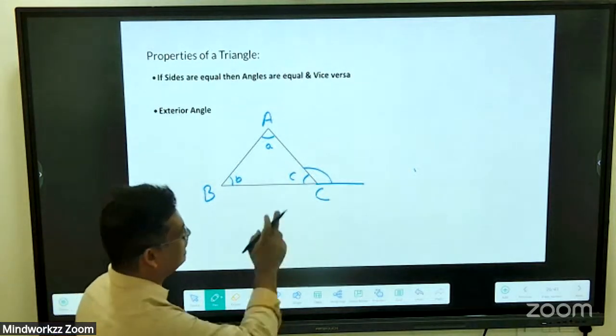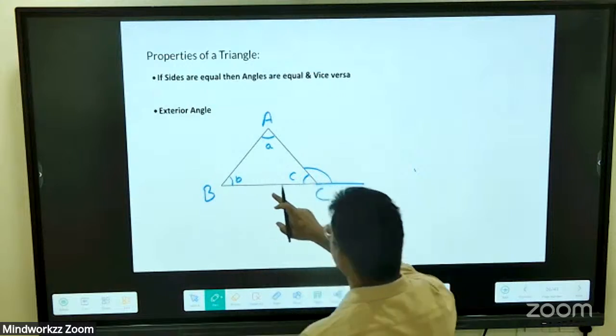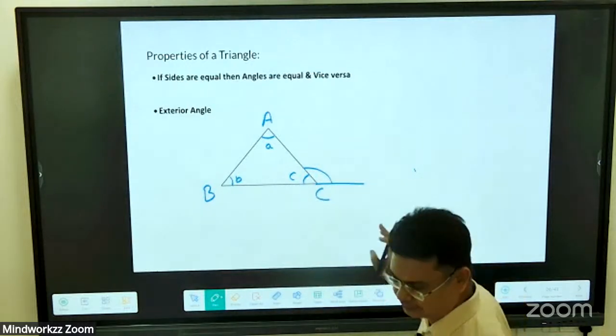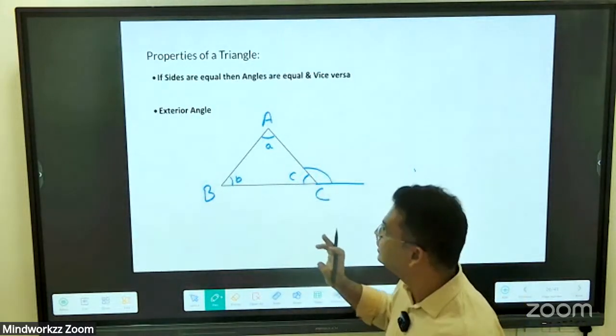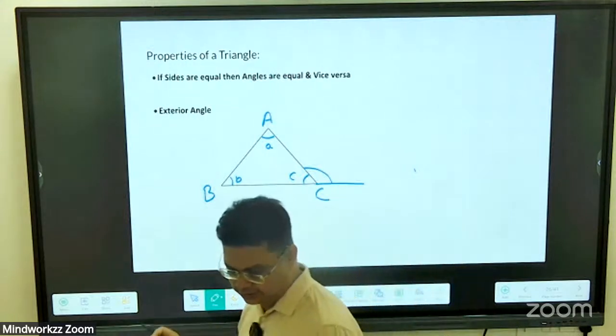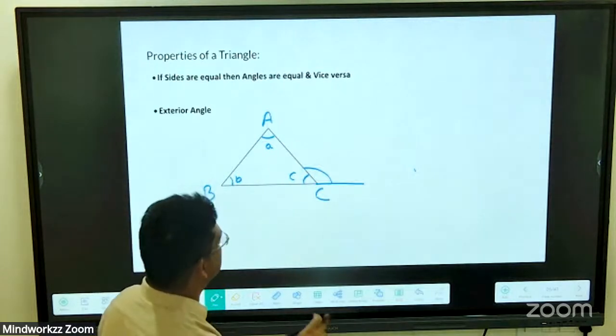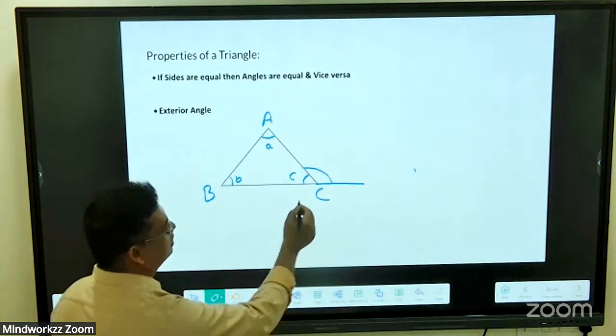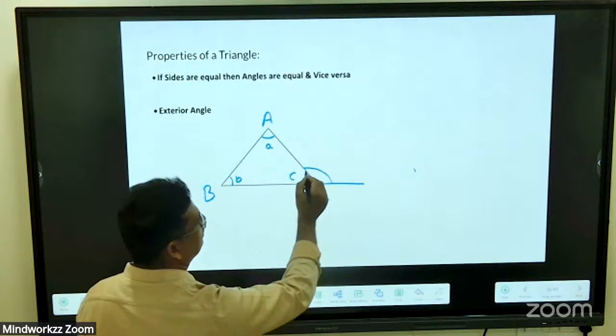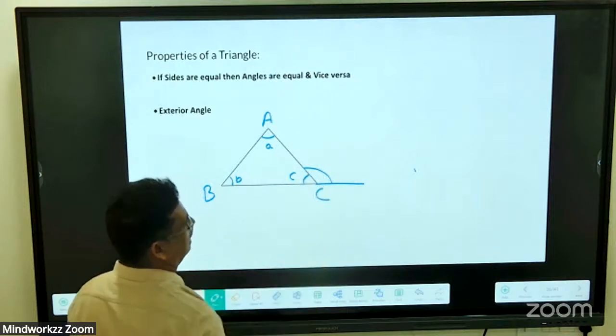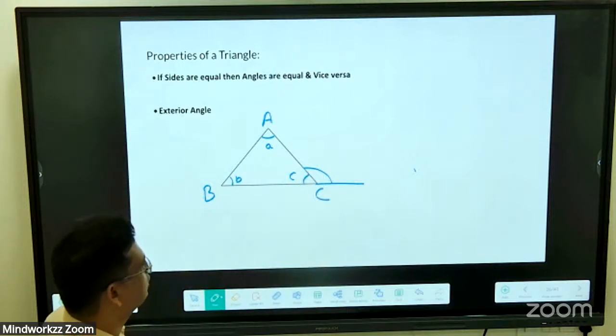An exterior angle is any angle made by extending one of the sides of the triangle. So once you extend this side, this will be the exterior angle, right?